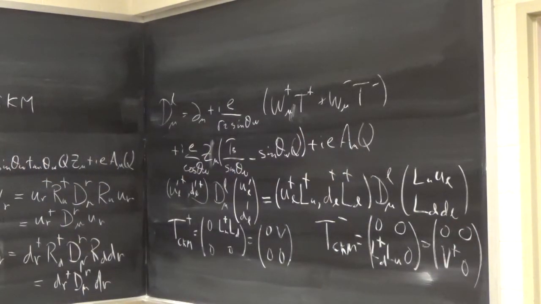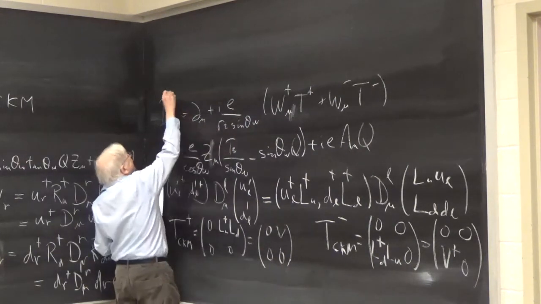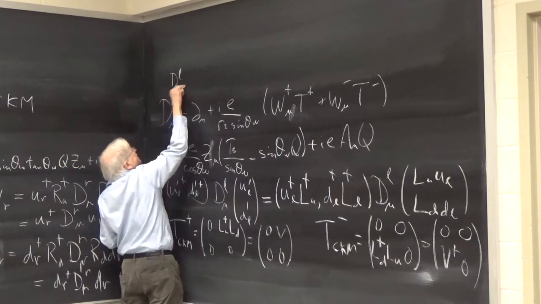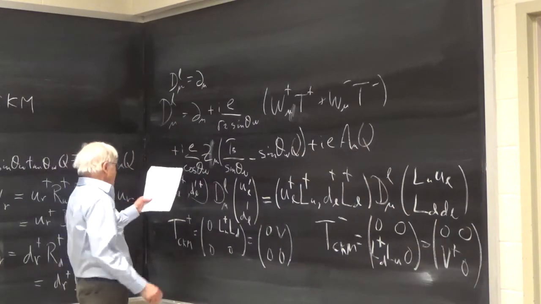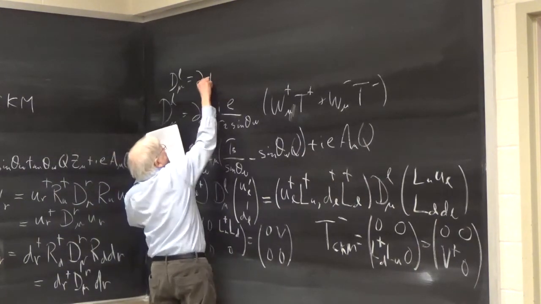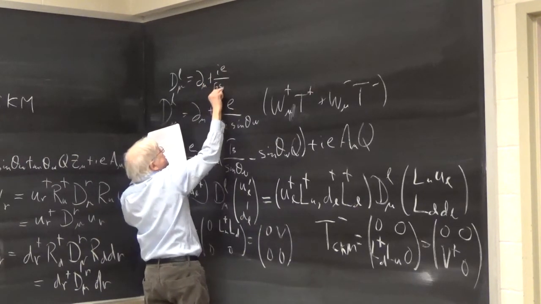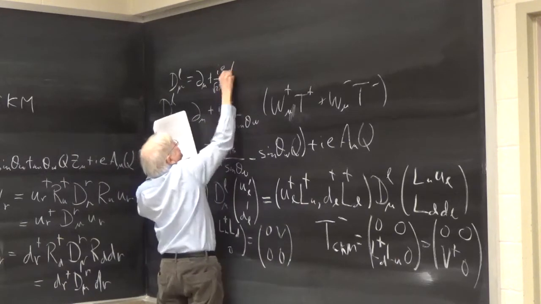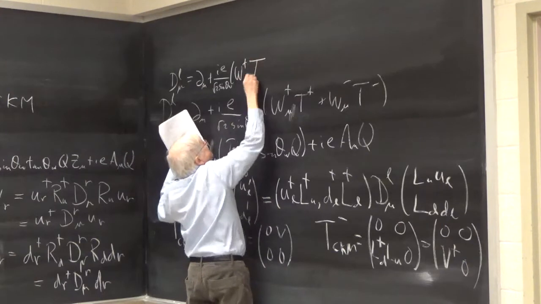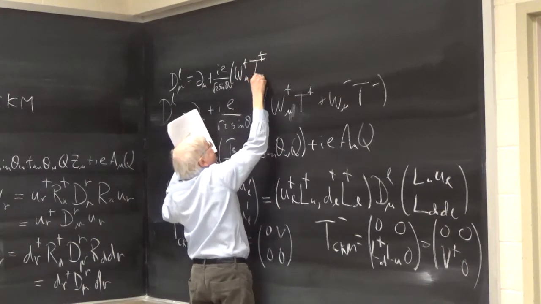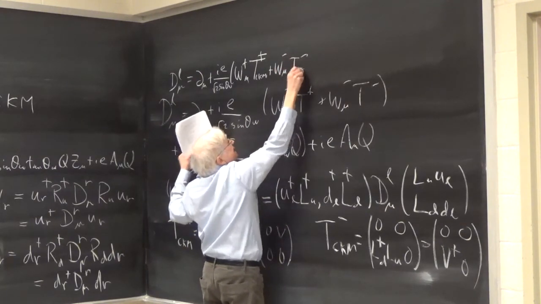Okay, so when we've done that, we can now rewrite this thing. And I'll try to stand on my tippy toes. I can try to write this down. Probably not, actually, but I'll try. i e over root 2 sine theta W, W plus mu T plus CKM plus W minus mu T minus CKM.